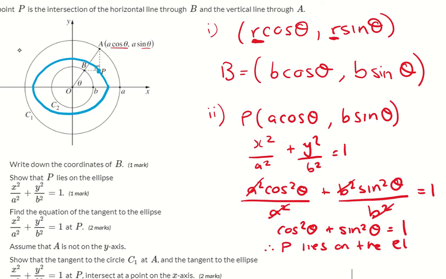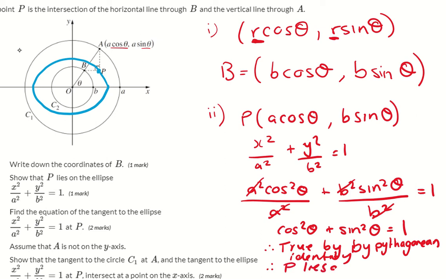What actually I might say before that is say therefore true by Pythagorean identity. And then therefore true, therefore P lies on the ellipse. Because that's our Pythagorean identity, cos squared theta plus sine squared theta equals 1.